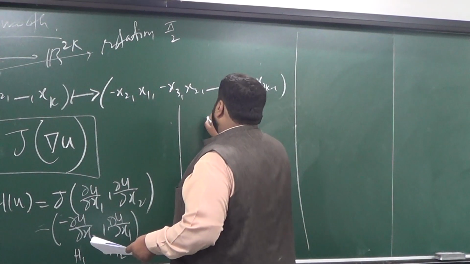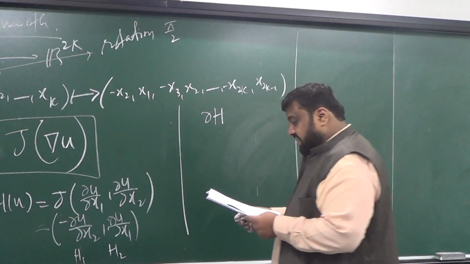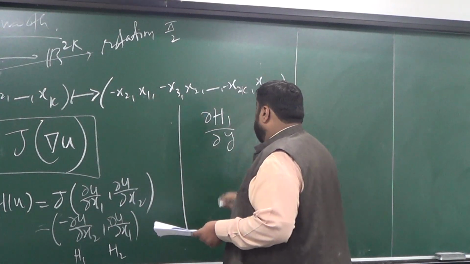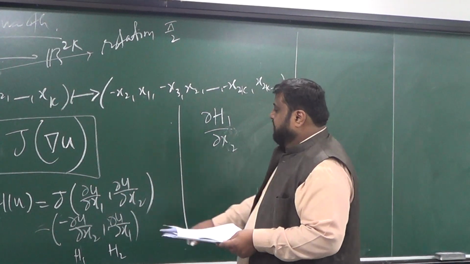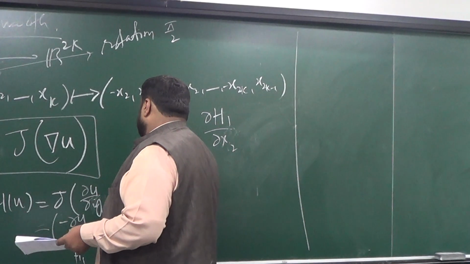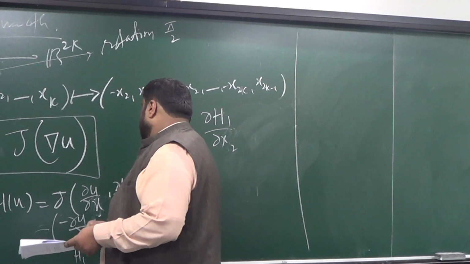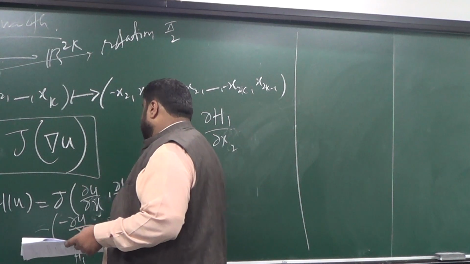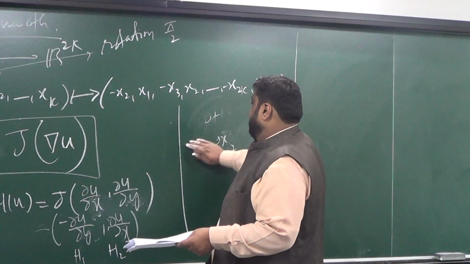So if I, for example, compute the derivative of h1 with respect to, say, y, x2, let's keep this as x and y, and this would be y and x. Okay?